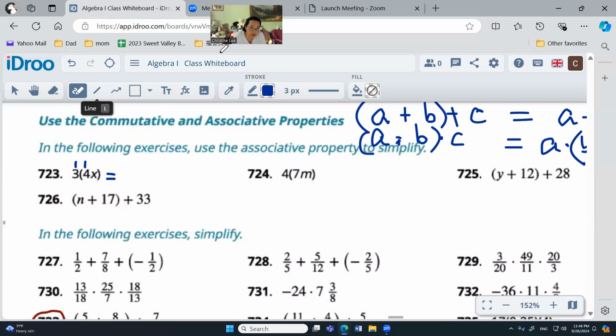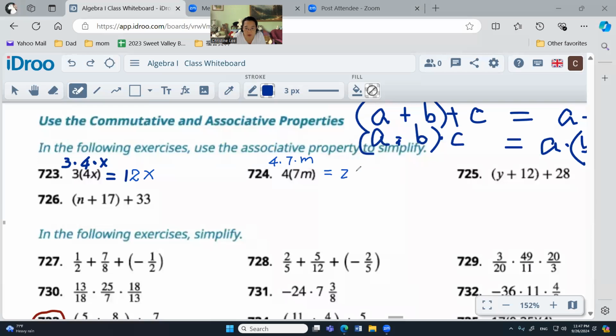If you look at this, you have a 3, multiply, you have a 4, multiply, you have an x. So number and number multiply. I think it's the internet problem. Okay, 12x, like that. This is the same thing as 4 times 7 times m.